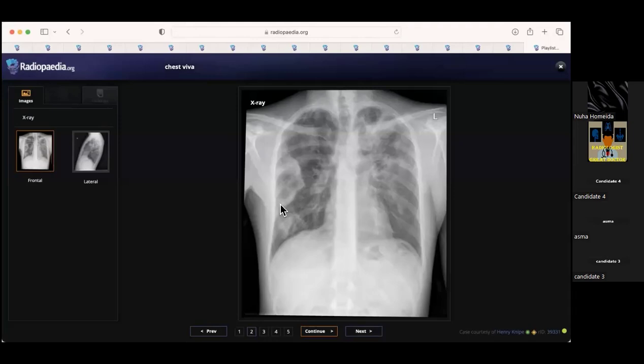Otherwise, there is airspace opacification noted in both lungs, without any pleural effusion or significant lymph node enlargement. So the main finding is a large pleural based mass lesion in the right lung, which I cannot see any cavitation within.